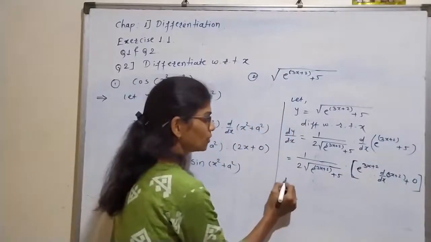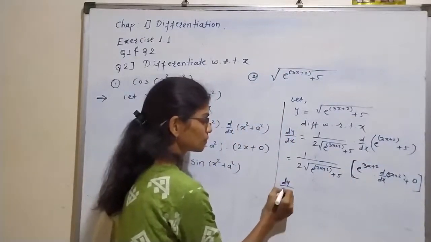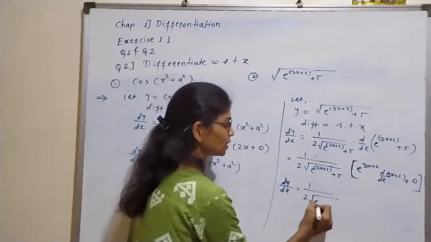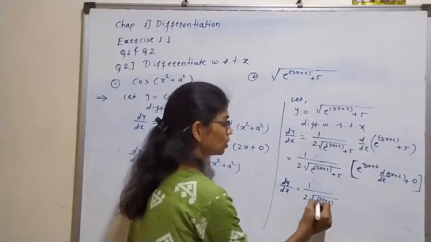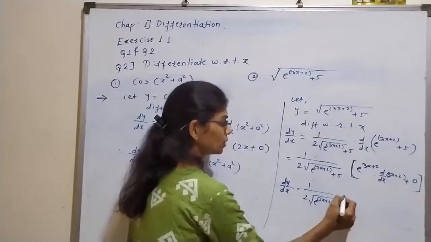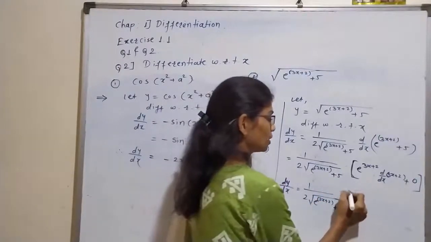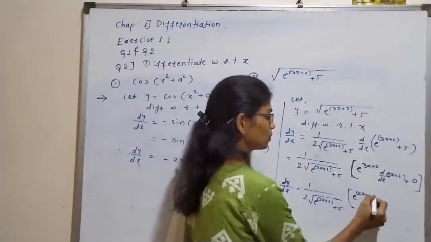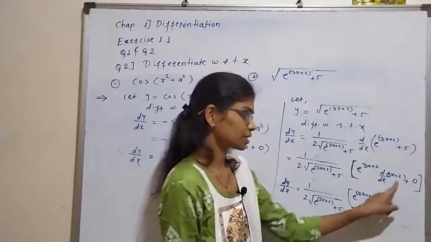So, dy by dx is equal to 1 divided by 2 into square root of e raised to 3x plus 2 plus 5, into, in brackets, e raised to 3x plus 2 multiplied by the derivative of 3x plus 2.